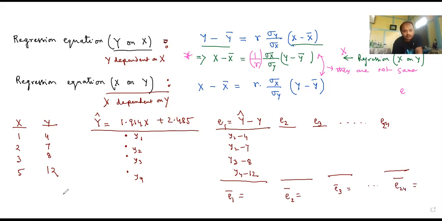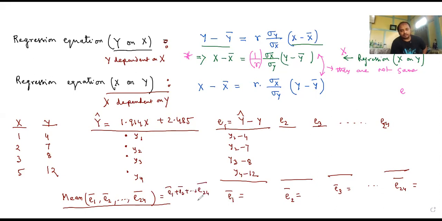Now, if I consider the mean of these items, E1 bar, E2 bar, up to E24 bar, that means all these means of errors will be added and divided by 24, which means E1 bar plus E2 bar plus ... plus E24 bar, divided by 24.